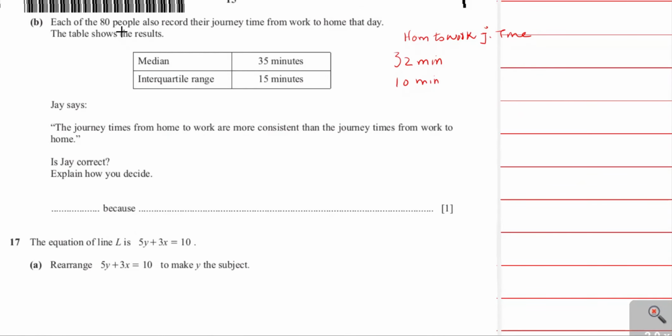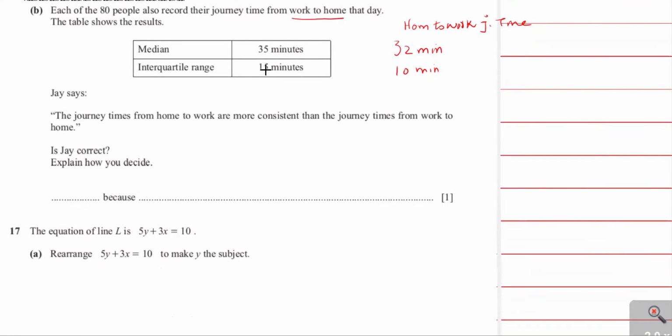Part B, the same 80 people also record their journey time from work to home that day. The table shows the results. Median 35 minutes, interquartile range 15 minutes. J says that the journey times from home to work are more consistent than the journey times from work to home. Is J correct? Explain how you decide. Look here, this is the interquartile range from work to home, and this is the interquartile range of home to work.